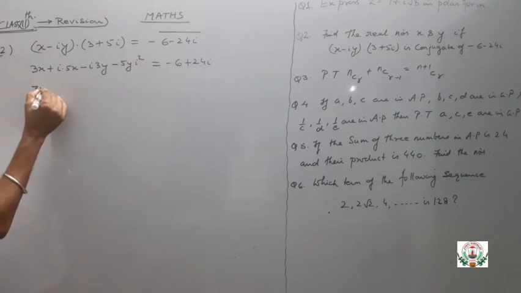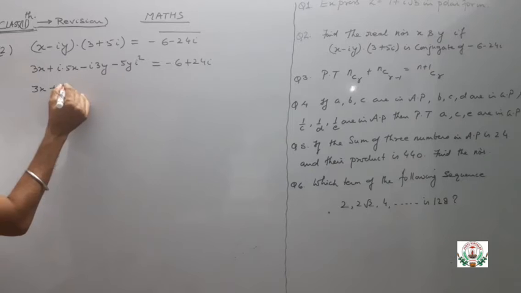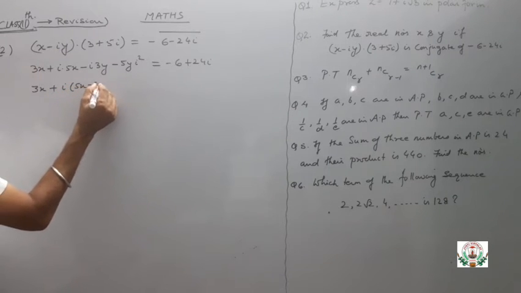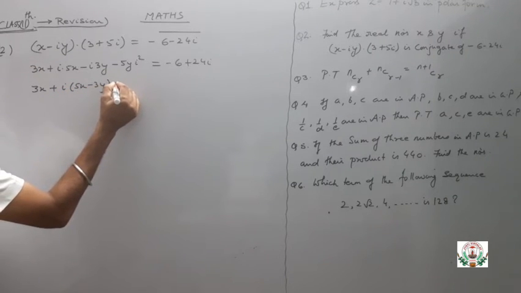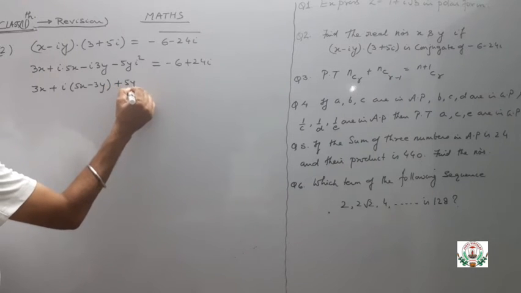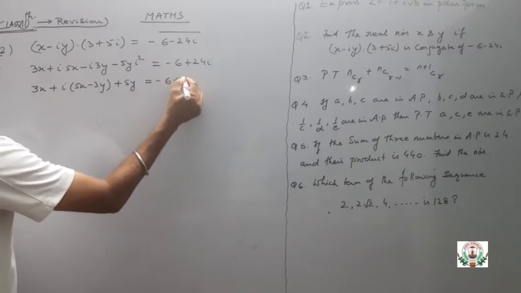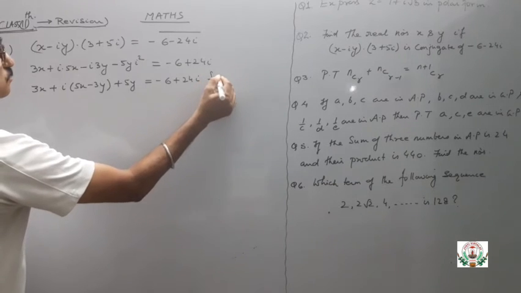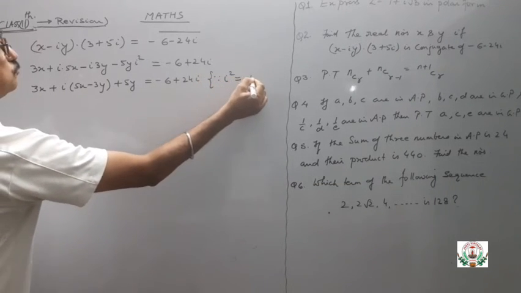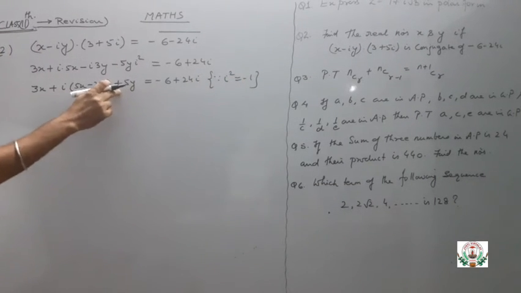So 3x plus i, we can take common from here, (5x minus 3y), and minus, this will become plus 5y, equal to minus 6 plus 24i. As we know that i square is equal to minus 1, therefore it becomes plus.